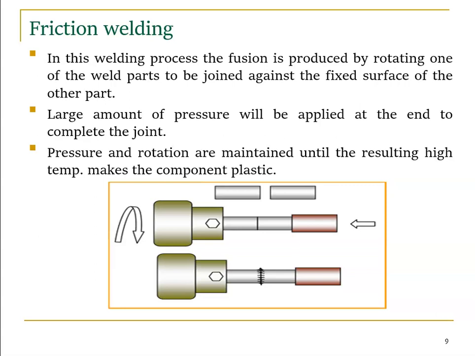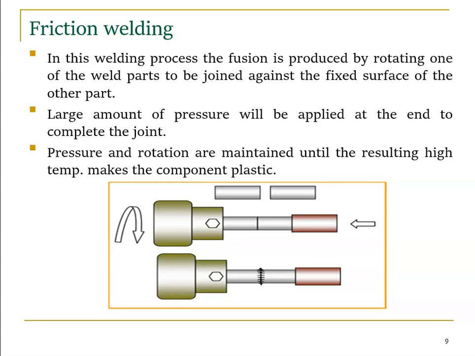In machining also, we can't avoid heat generation. In order to reduce the heat generation, we use some cutting fluids like lubricants. But here we are going to make a joint with the help of friction. So the friction will generate the temperature, and that temperature is used to make a joint.